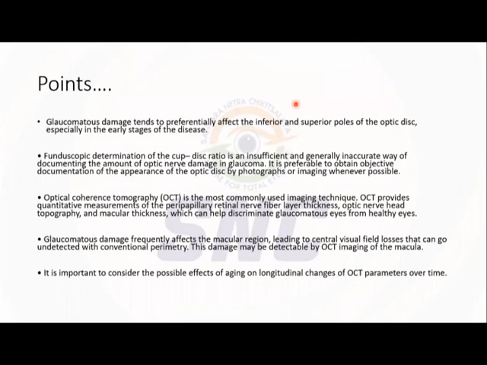And it should be correlated with the clinical findings. If you are seeing inferior RNFL thinning, you should see an inferior sector which is thinned out. That clinical correlation should be there. So these imaging modalities in glaucoma should be supported by clinical evidence, not directly by OCT or anything. It should be clinically correlated.